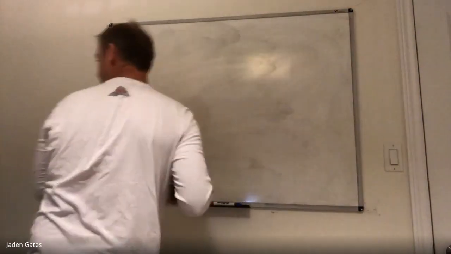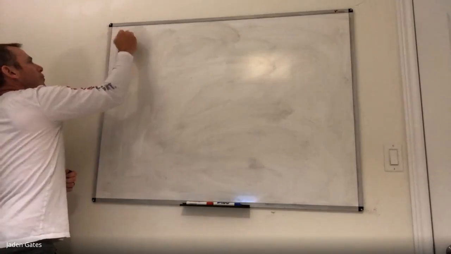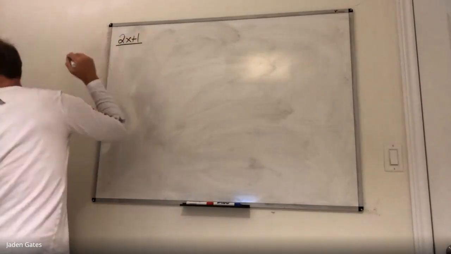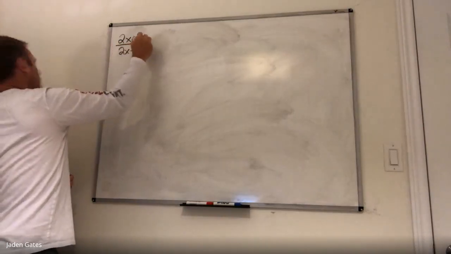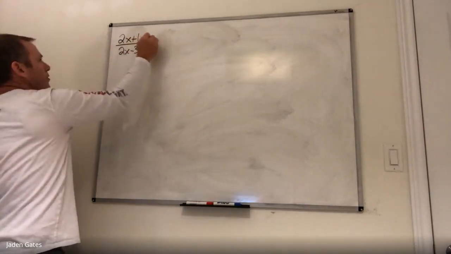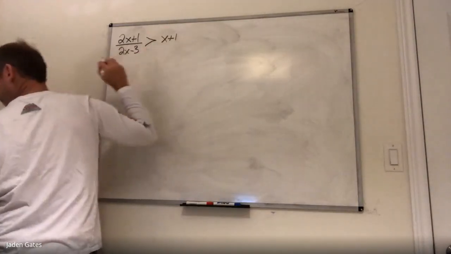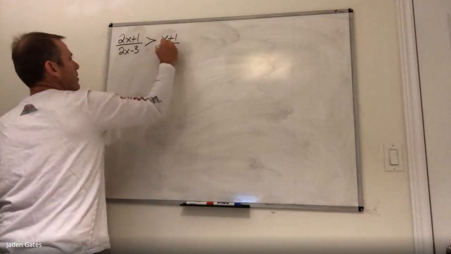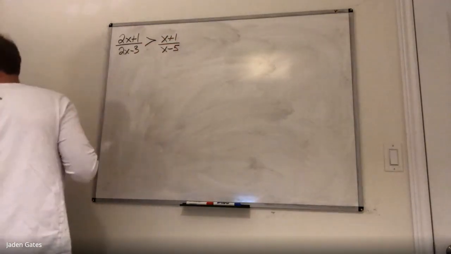Example 5, we got 2x plus 1 over 2x minus 3. I need a lot of room here. So there's a rational function. I want to know when that rational function is greater than the other rational function, which is x plus 1 divided by x minus 5.